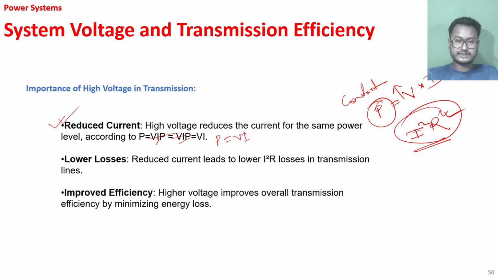And improved efficiency: higher voltage improves overall transmission efficiency by minimizing energy loss. So it's increasing the efficiency automatically. So because of all these things, we need to transmit at high voltage. Okay, transmission we need to do at a high level of voltage.